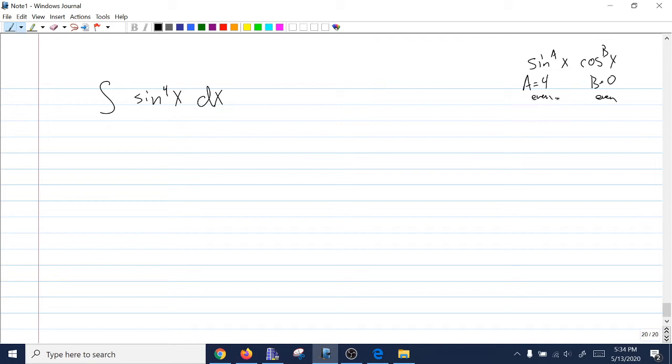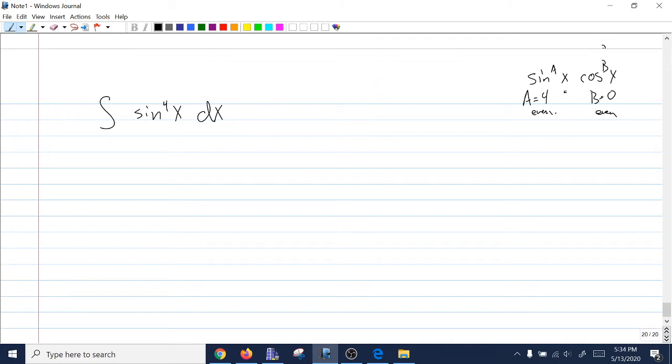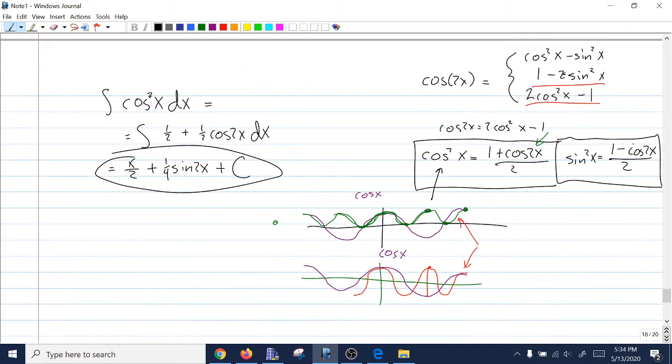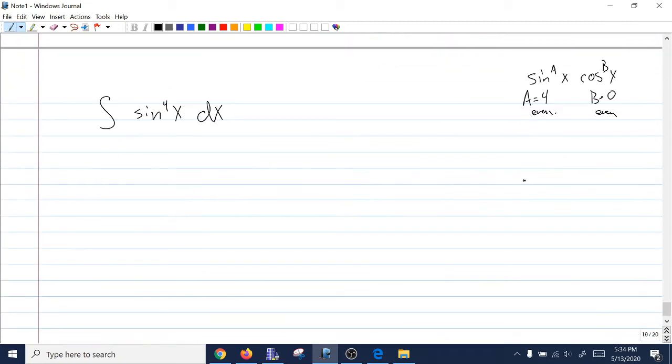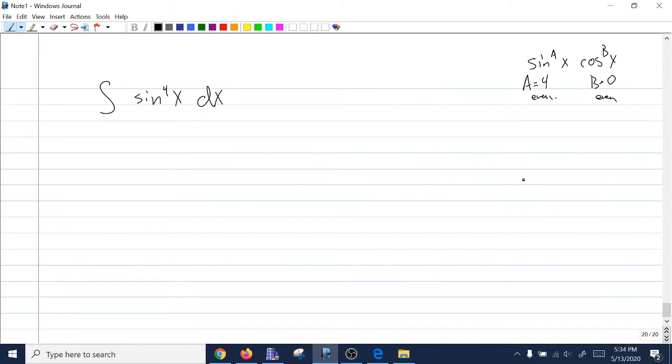I'm in the hard case where they're both even. If one of these was odd, I would be in the easy case where I can pull off a factor and do a u substitution that's way nicer than using the power reducing formula. This is called a power reducing formula because it changes two cosines into one cosine. We're not in that case. We gotta suck it up and use the power reducing formula.